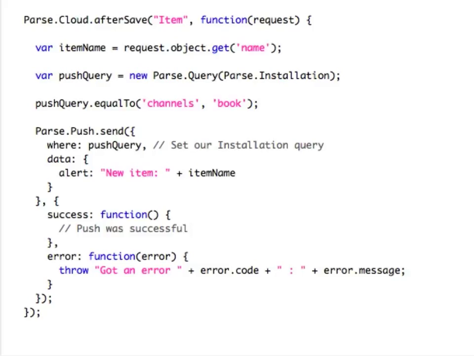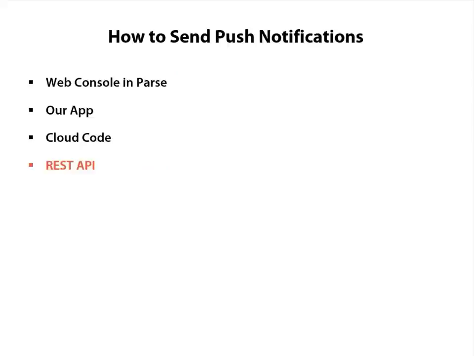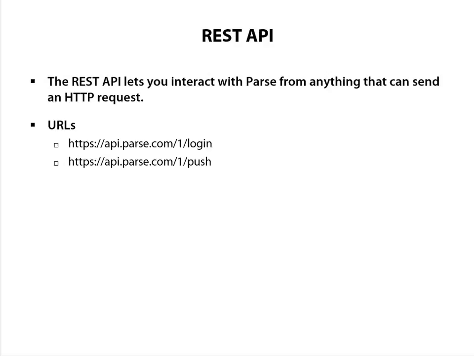The code is similar to what we have done to send pushes in our app, while it is just written in JavaScript. The last way to send out push notifications is the REST API. The REST API lets you interact with Parse from anything that can send an HTTP request. You can do many things with it.